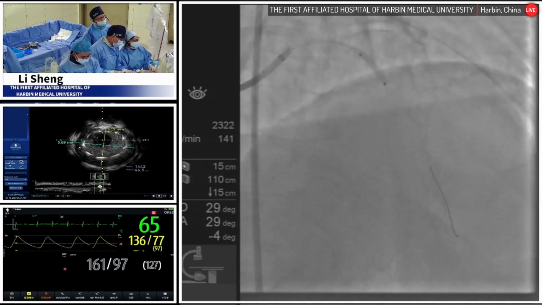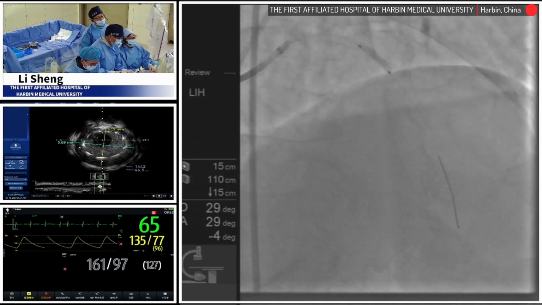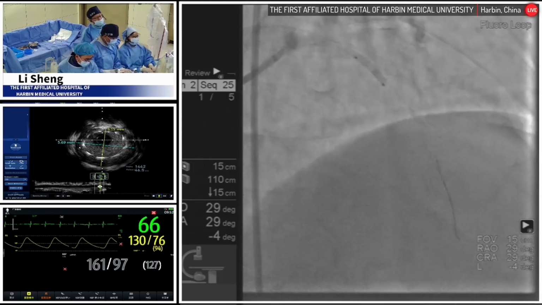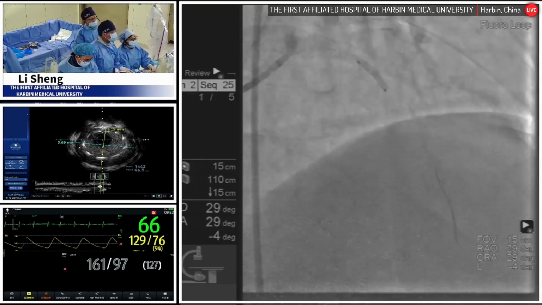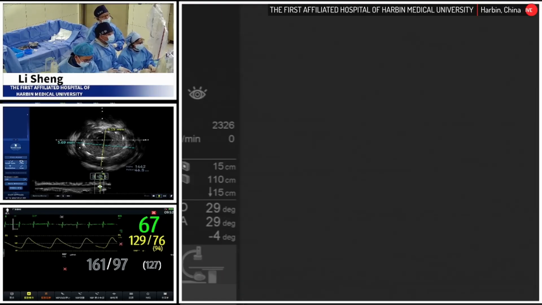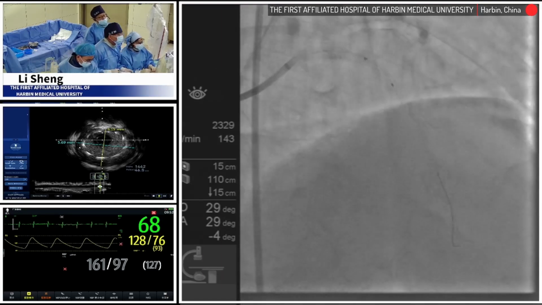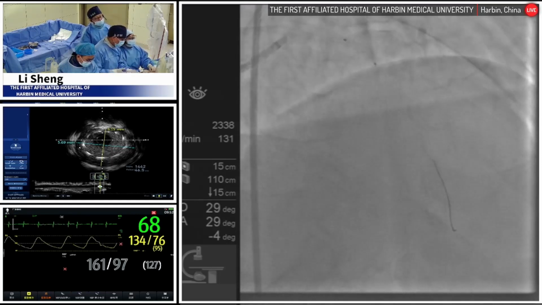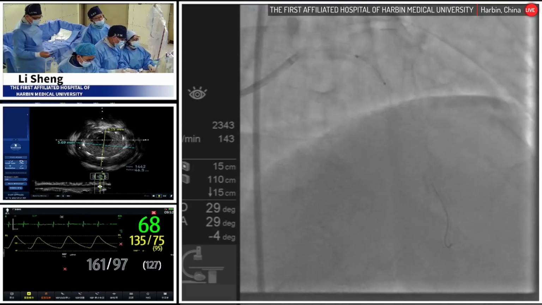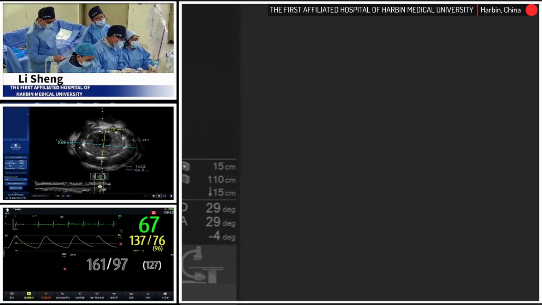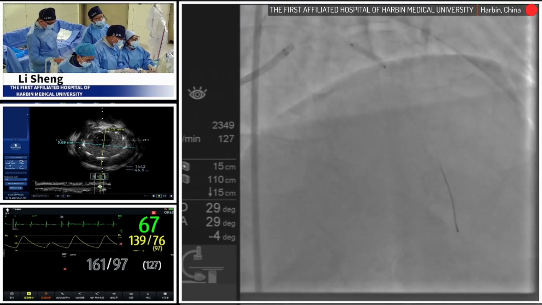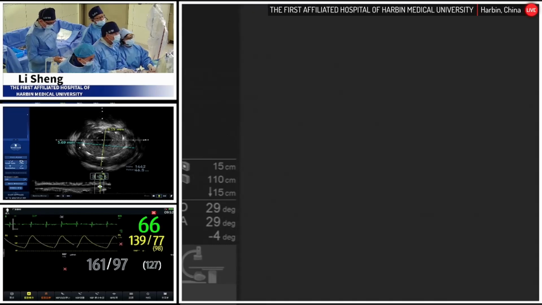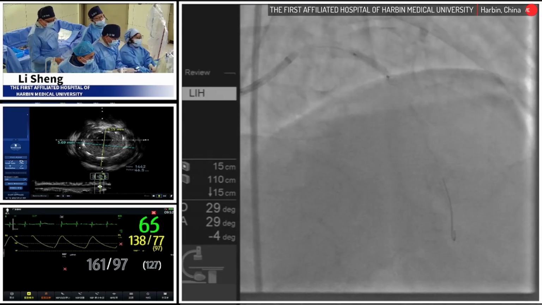Quite a larger vessel. 18. Okay. Twenty. Done.